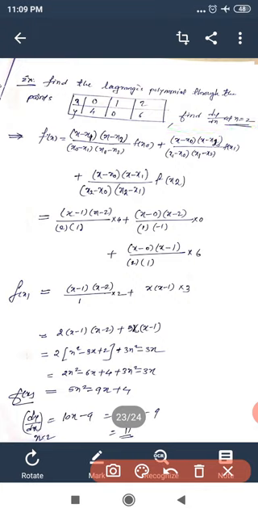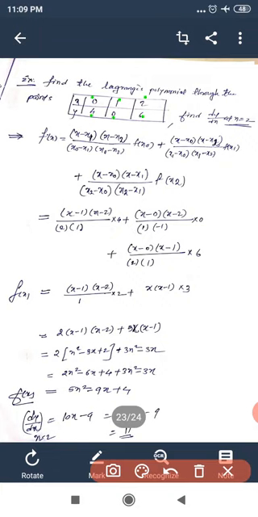Now, the values are given: x0, x1, x2, y0, y1, y2. So the points will be f of x0, f of x1, f of x2.